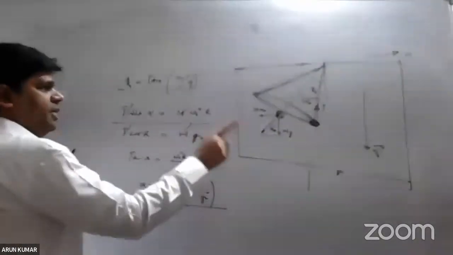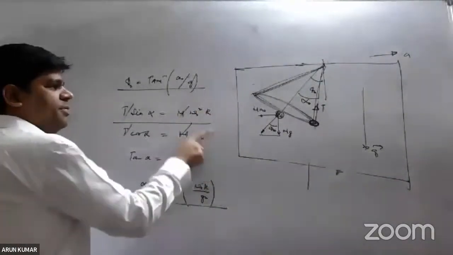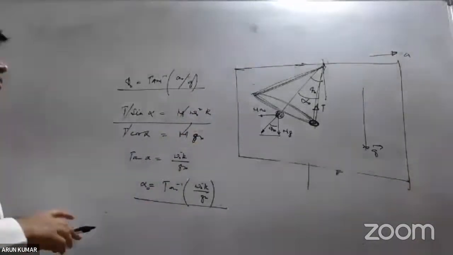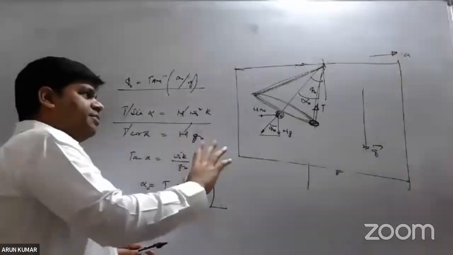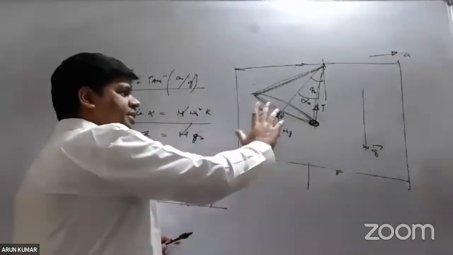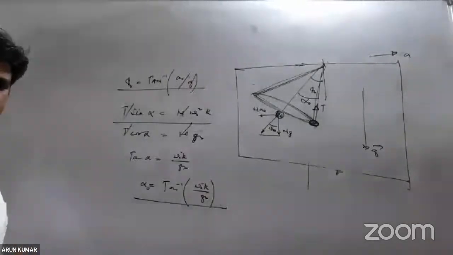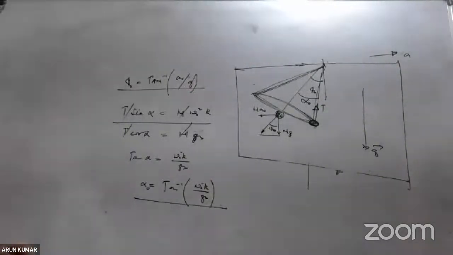When it's horizontal, it is like this; when my g effective is inclined, my plane of rotation will be like this. So everything will be tilted with respect to the vertical by an angle of theta, which is tan inverse a by g. All right. Okay, that is fine.